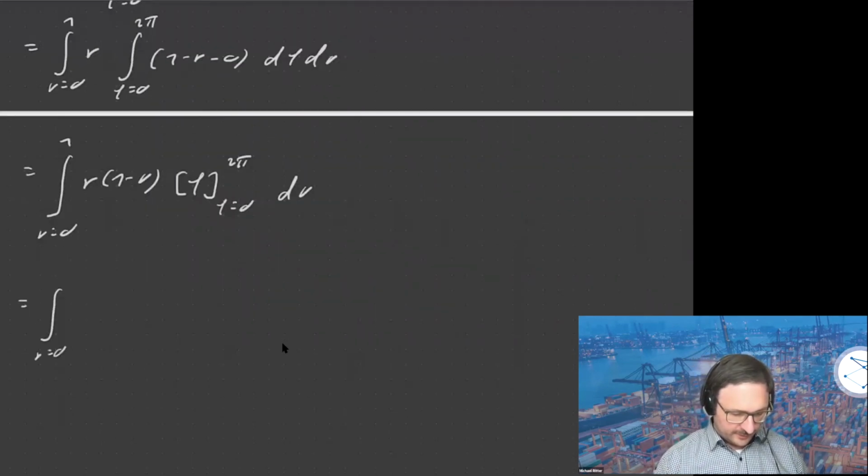So this expression here becomes r minus r squared.